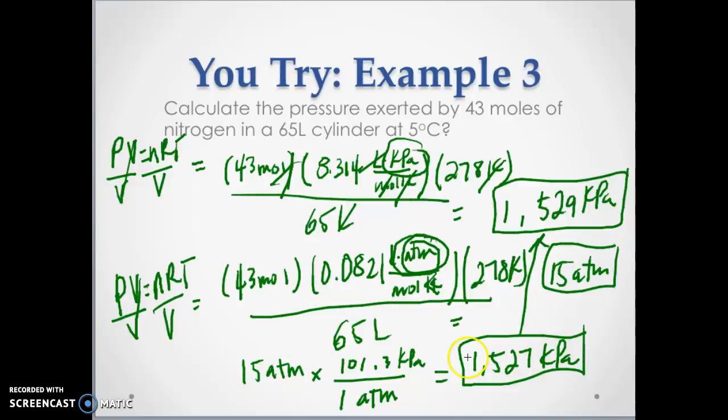It's not exactly the same because I rounded, but we could say that it's the same. So that's 2 ways you could do it.